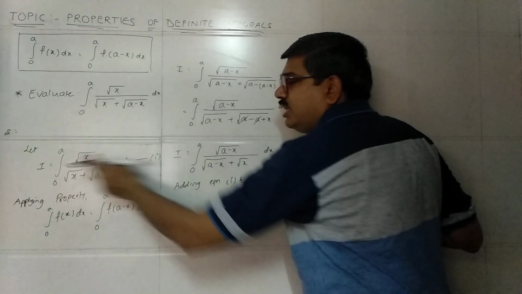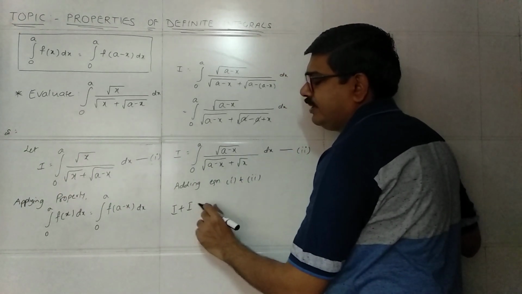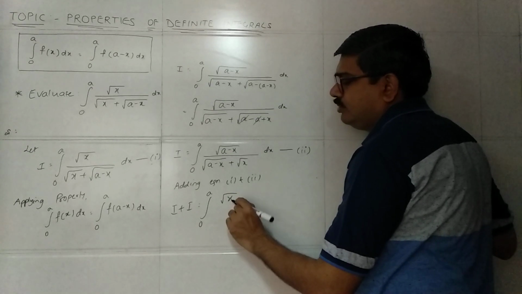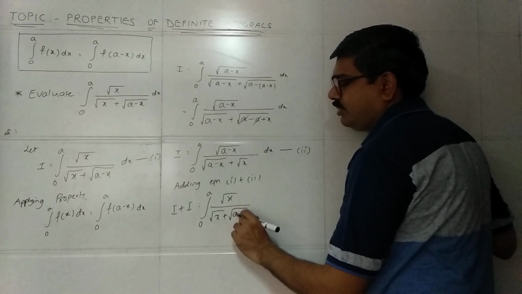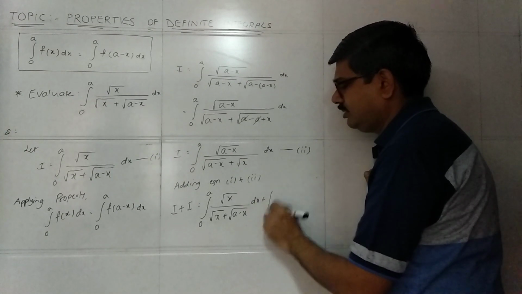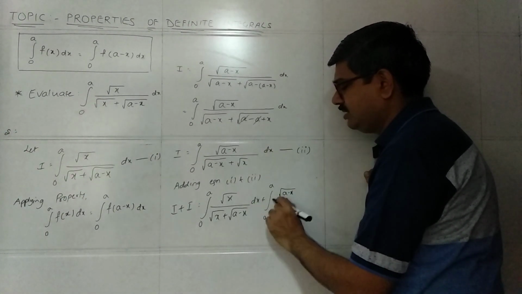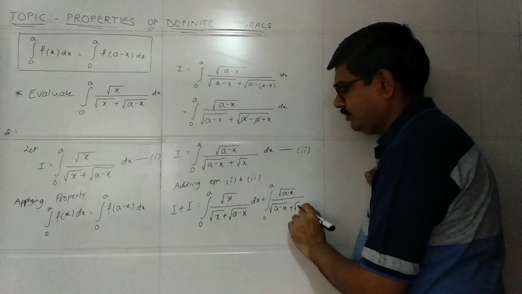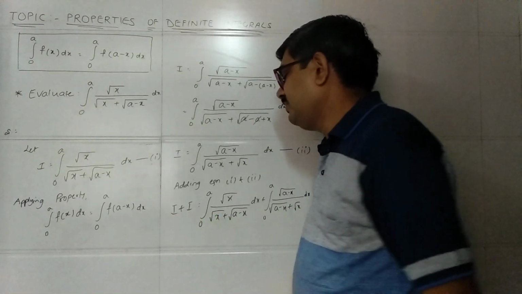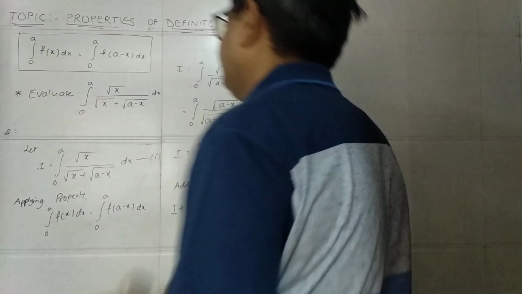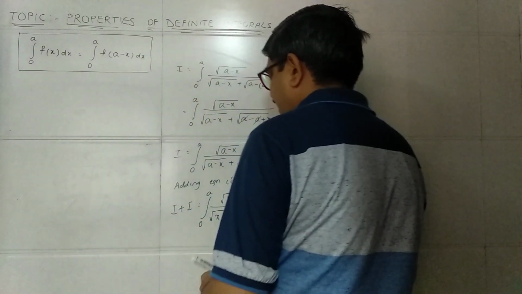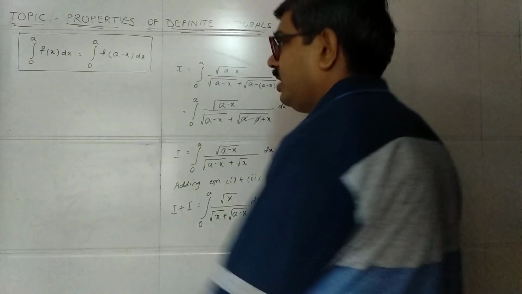On the left hand side, in both the equations, I is there, so I plus I. On the right hand side, the first equation gives integral 0 to a root x upon root x plus root a minus x dx, plus the second equation, integral 0 to a root a minus x upon root a minus x plus root x dx. So I plus I is 2I.